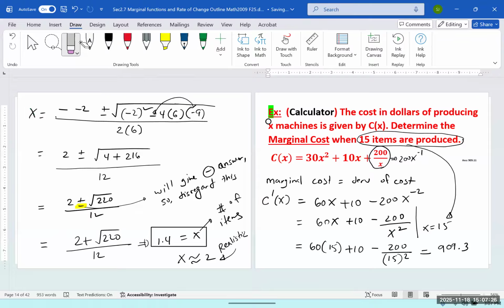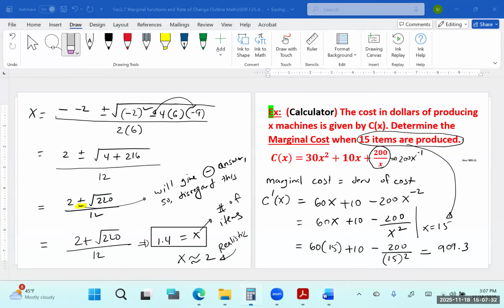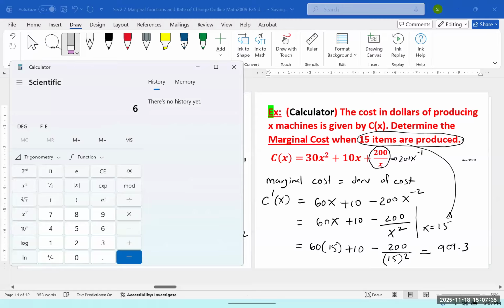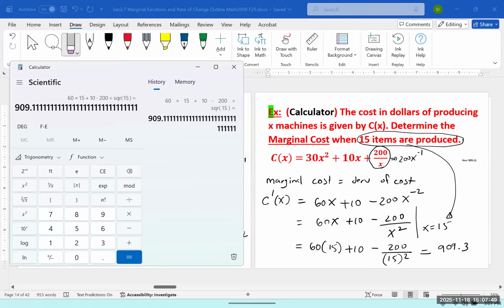How do you get 3? 60 times 15 plus 10, subtracting 200 divided by 15 squared. 909.11.